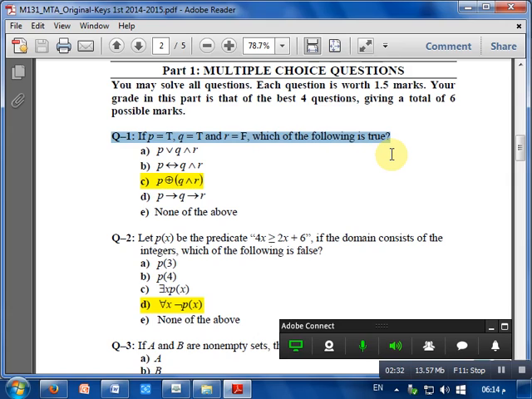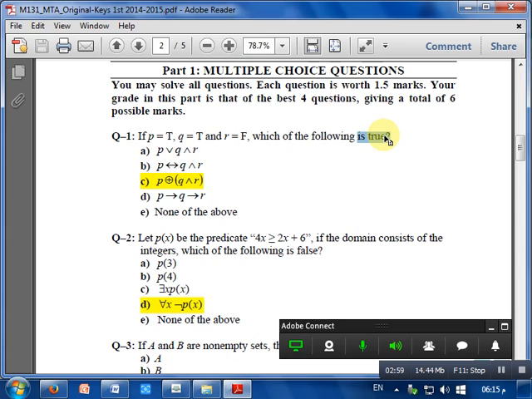It is given P, Q and R: P is true, Q is true, R is false. Now from this, if you apply true, true, false, you have to find which of these 4 statements is true.